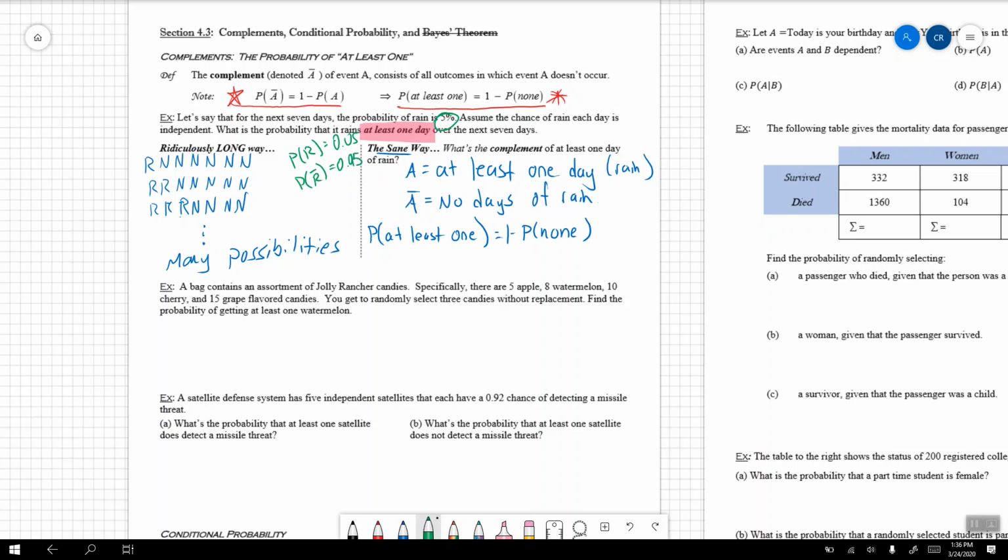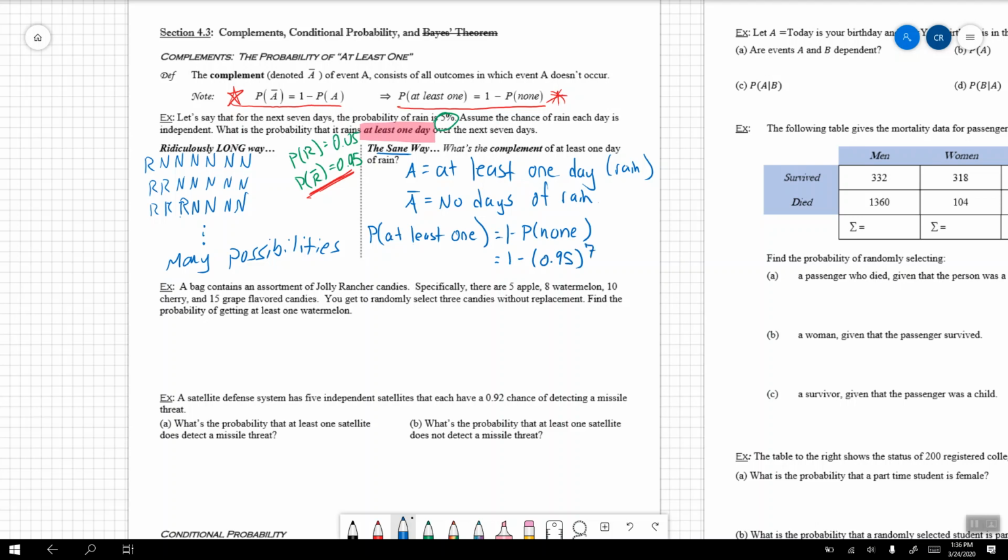Now, how many of these days do we want to occur? Well, we want all 7 of these days, so that's going to be 1 minus 0.95 to the power of 7.